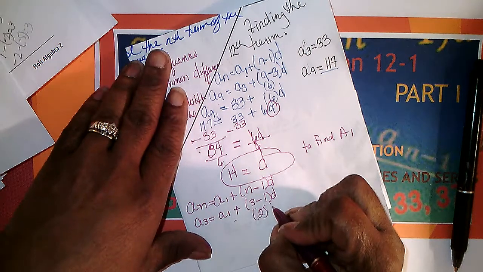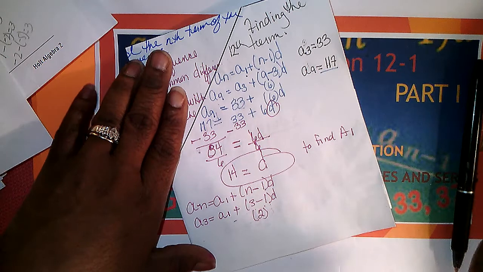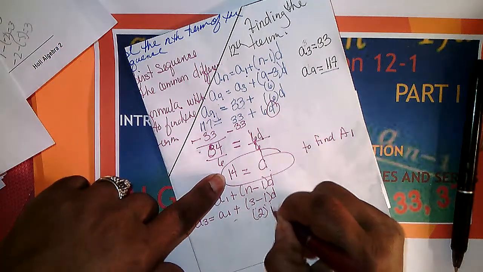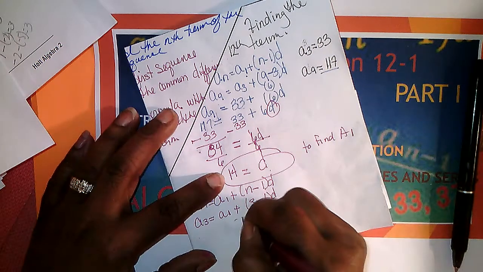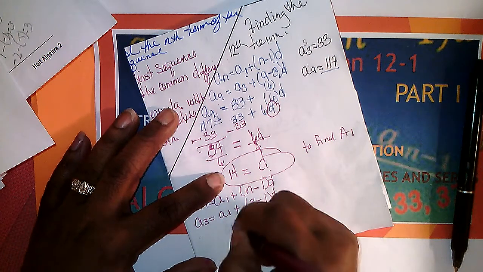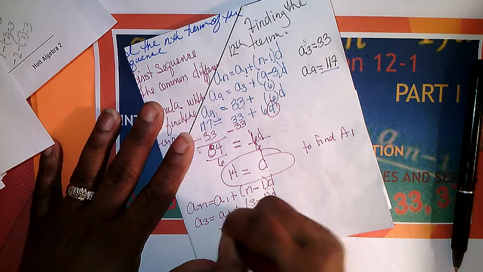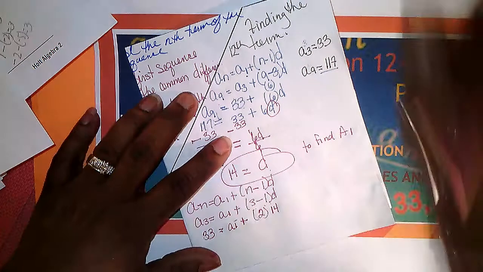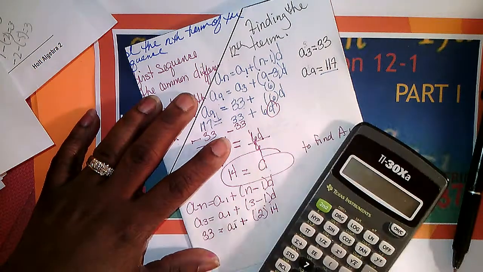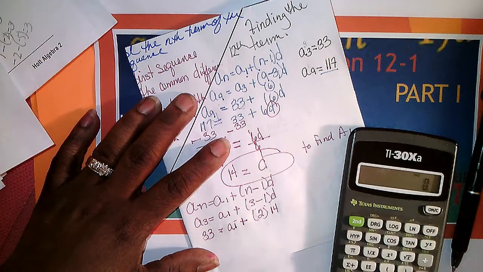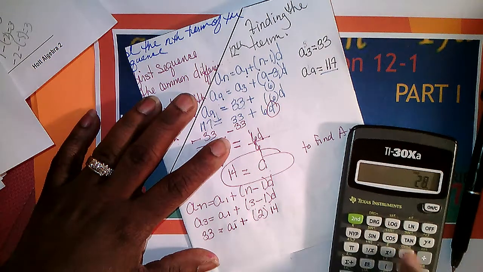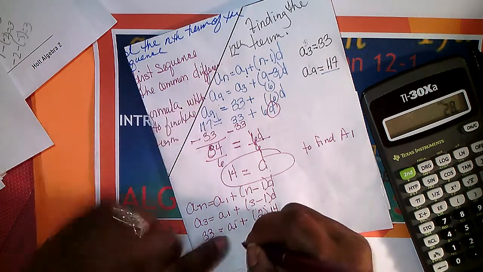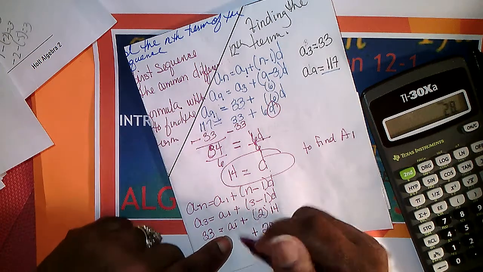And we said d was 14, so we can plug that in: 33 equals a1 plus 14 times 2. 14 times 2 is 28, plus a1.